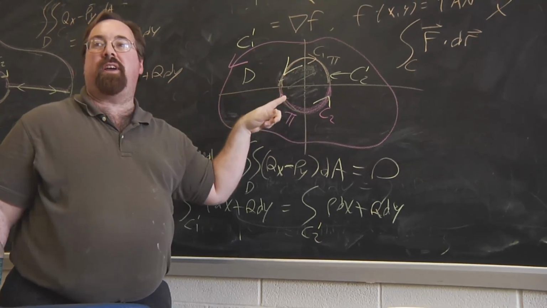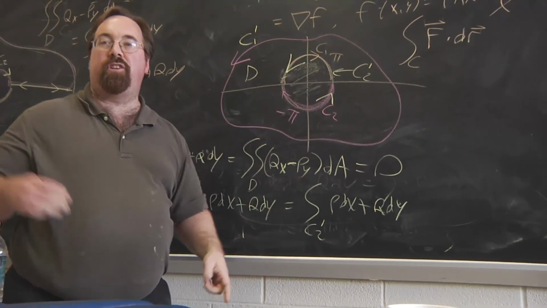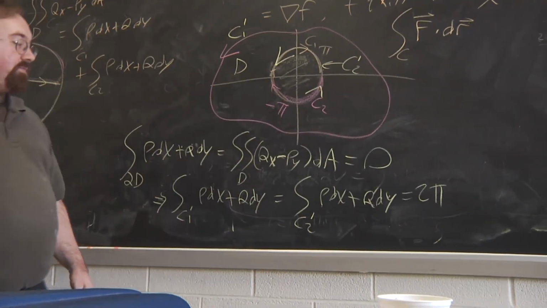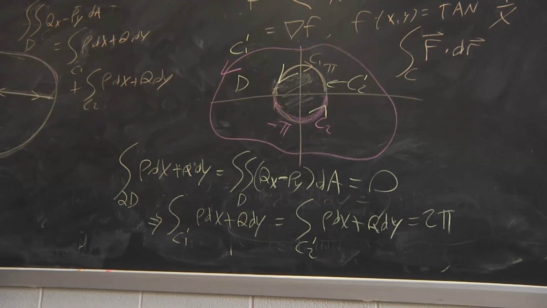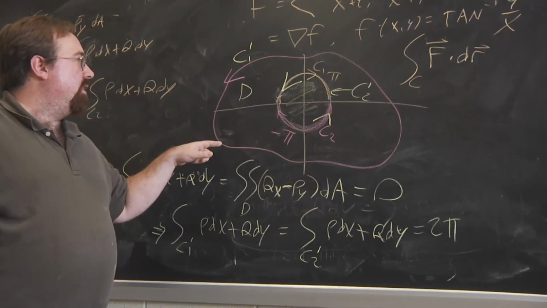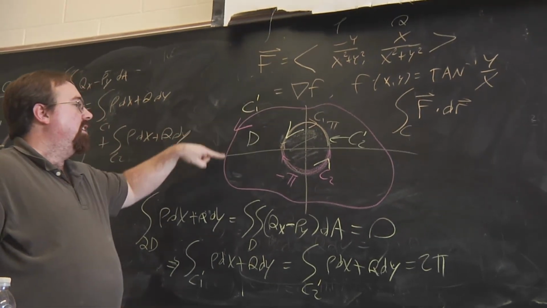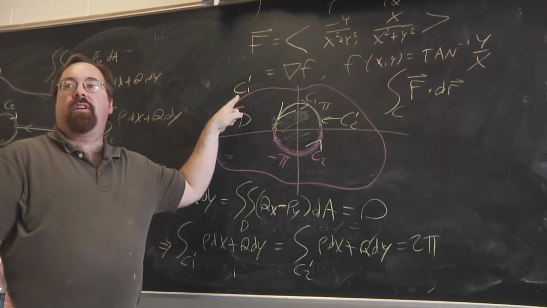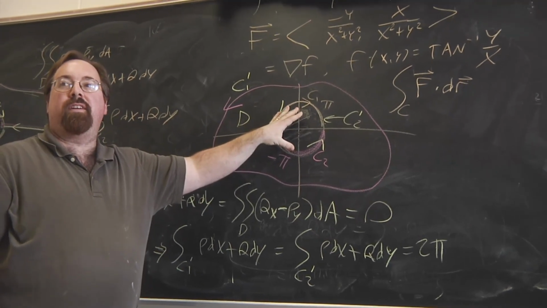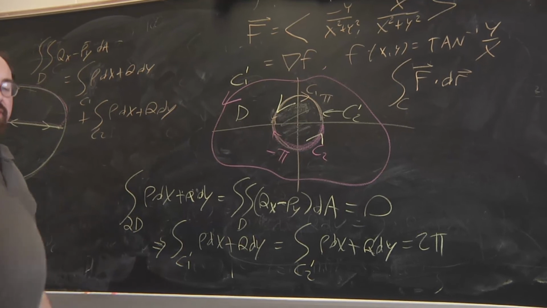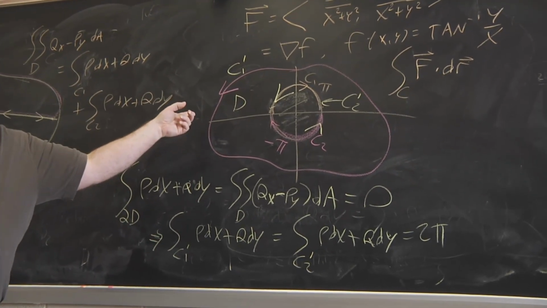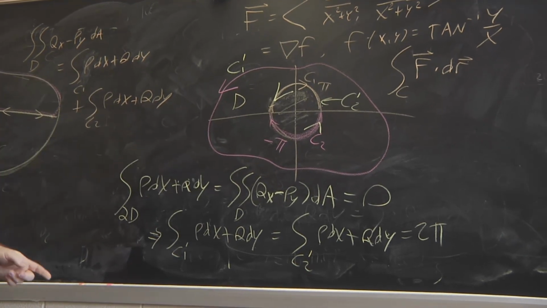No matter what radius I pick, if I evaluate the integral, which I do in the notes, you get 2 pi. So the line integral of this vector field over any closed curve that contains the origin is 2 pi. I don't even know what this curve is. It doesn't matter.